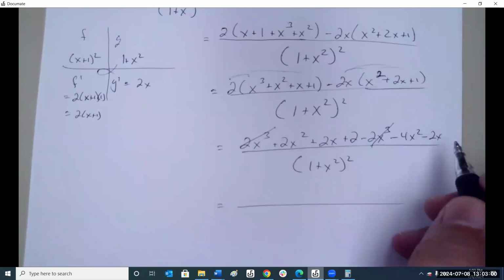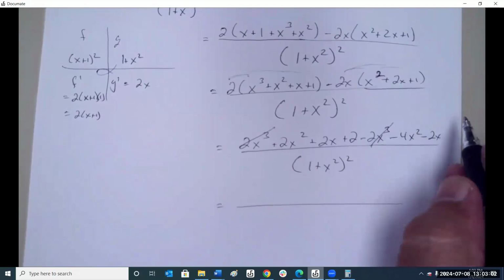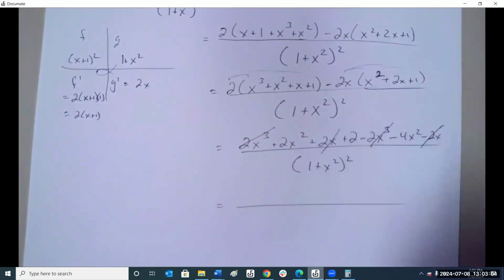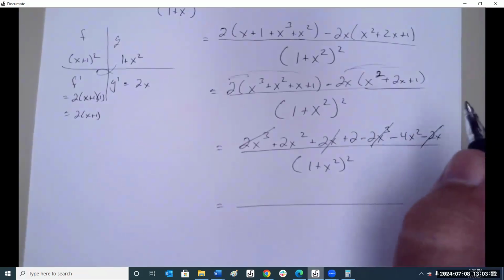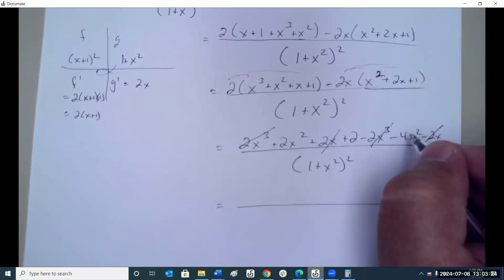Two x cubed, 2x. Uh-oh. This one has to disappear.